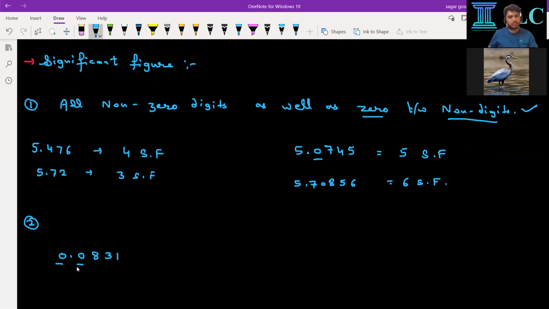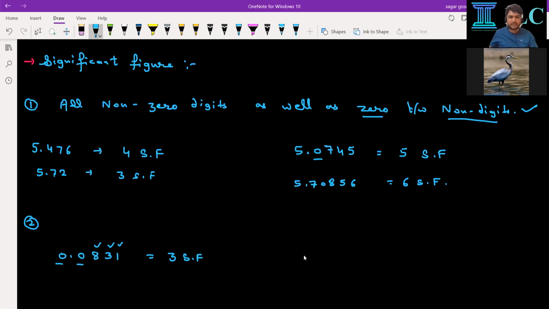They have no meaning. So how many significant figures? Three. You will not take these zeros because they are at the front.